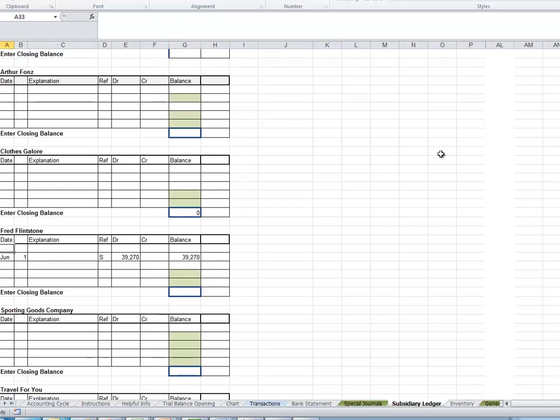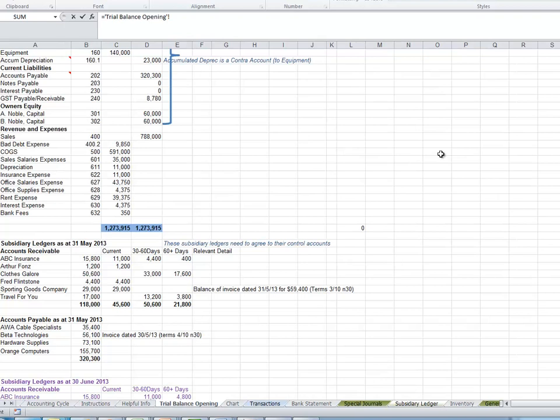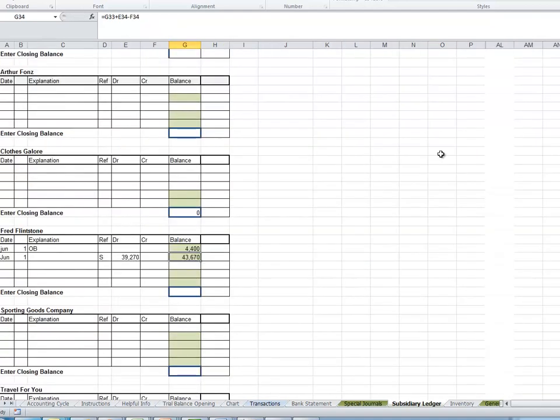Date, June 1, explanation, opening balance, and the opening balance is, you'll remember I go to the trial balance, Fred Flintstone is 4,400, and yes, that's gone correct. And this will need to be a debit. These won't go green. It's only the numbers pretty much that will go that way.